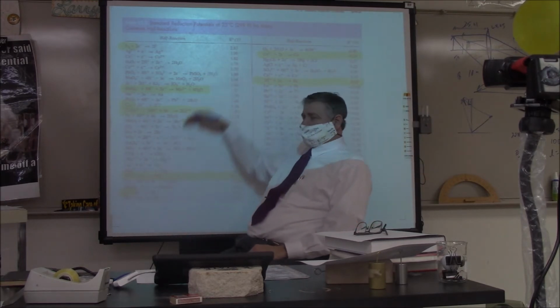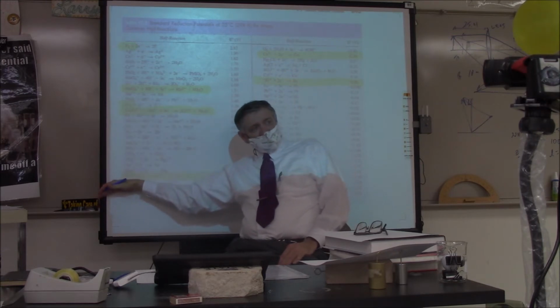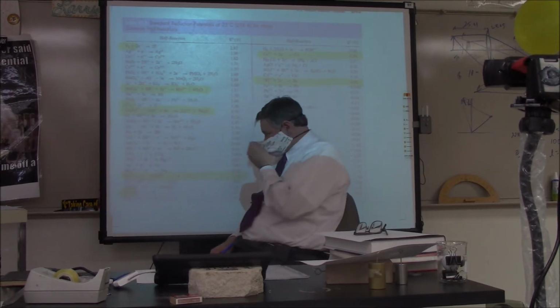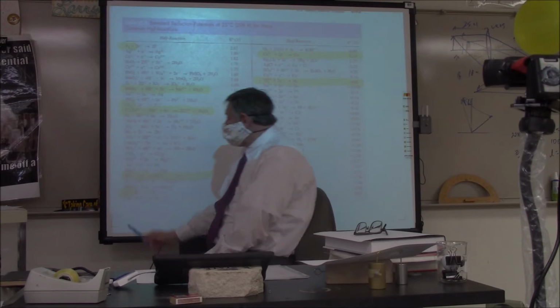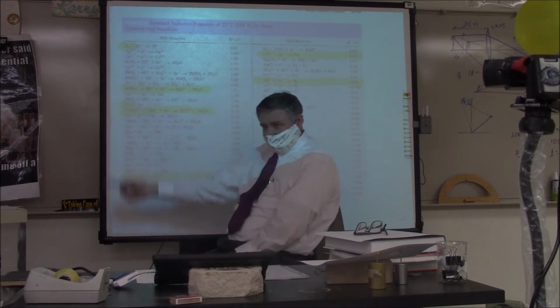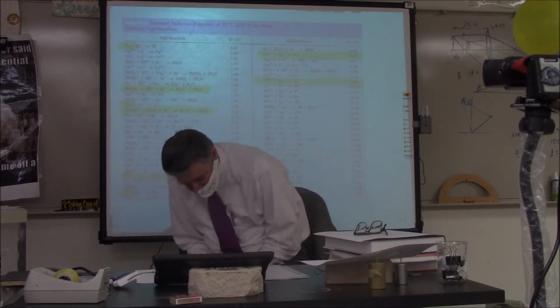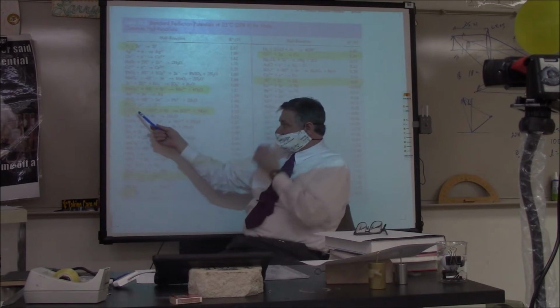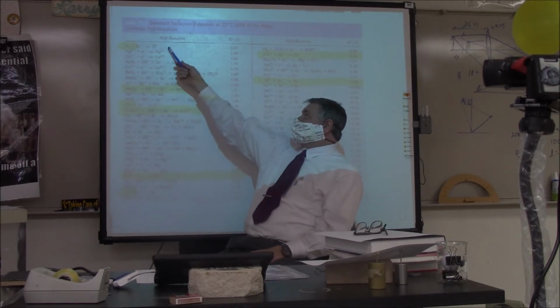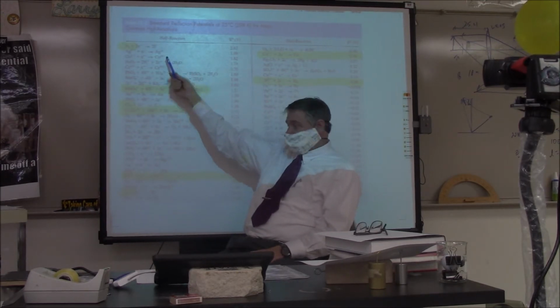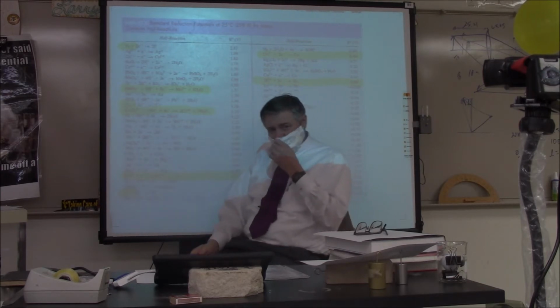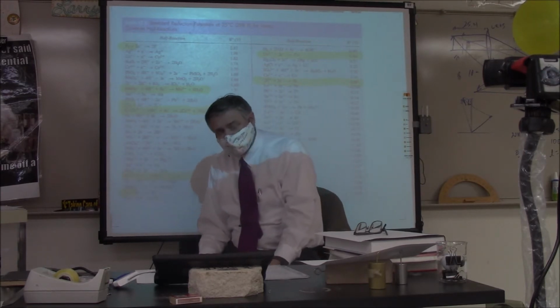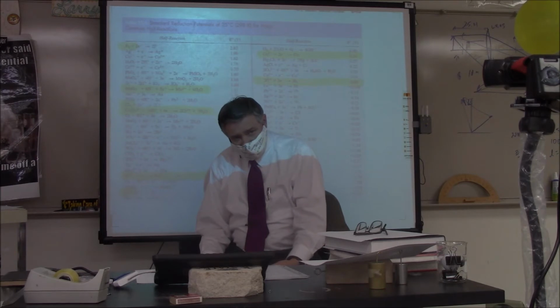So this is a broader list of half reactions. So basically, you have dichromate over here. Since dichromate's on the left side, up towards the top, right? Do you think dichromate is a good oxidizing agent or a good reducing agent? Why?